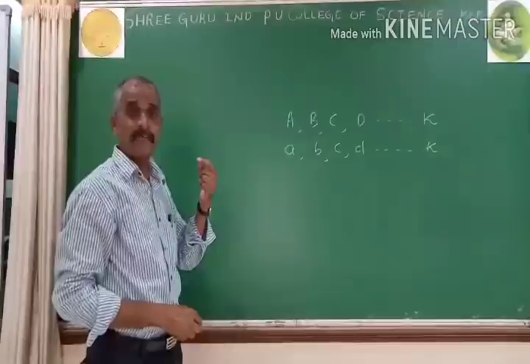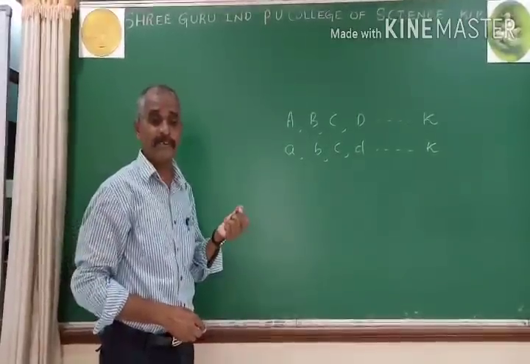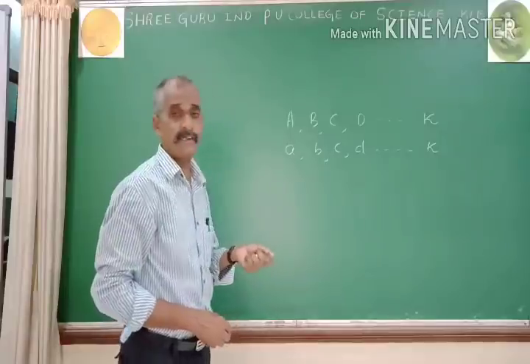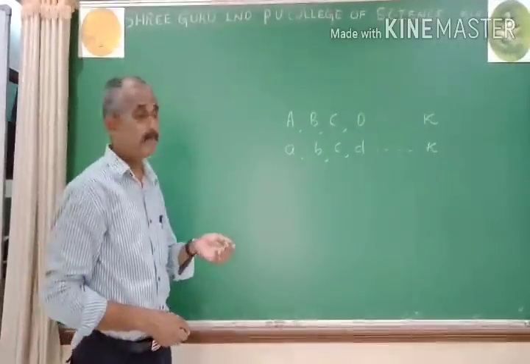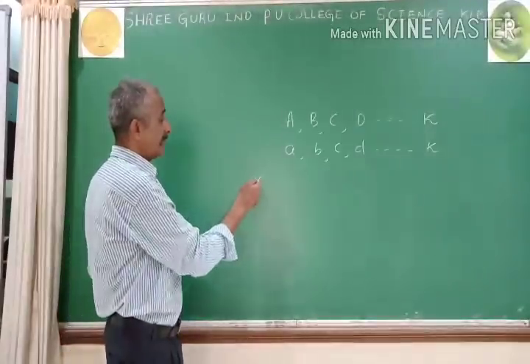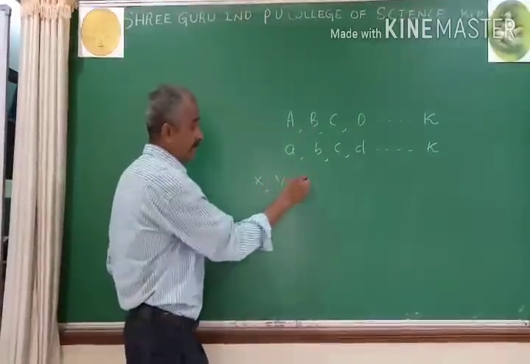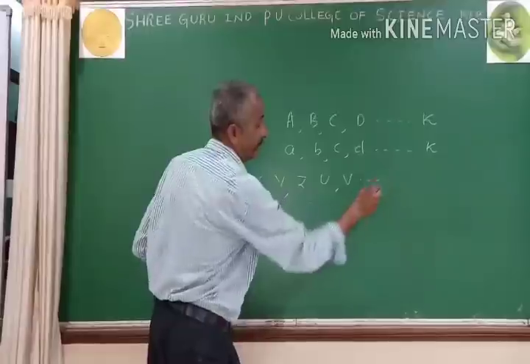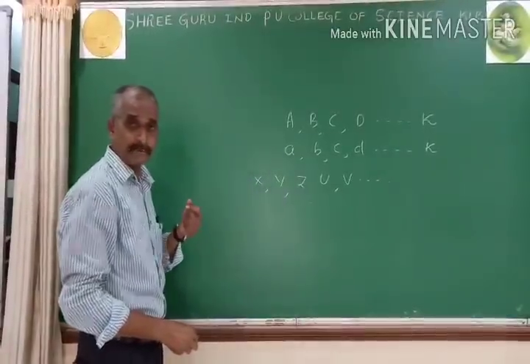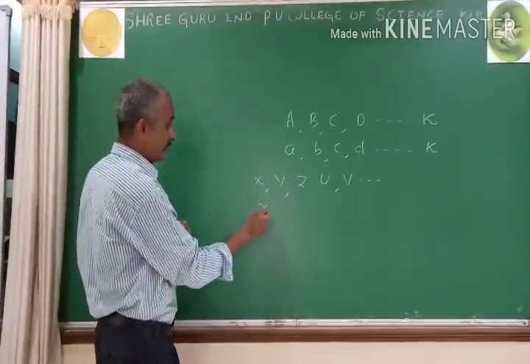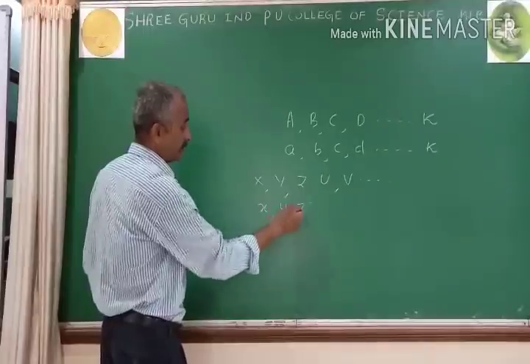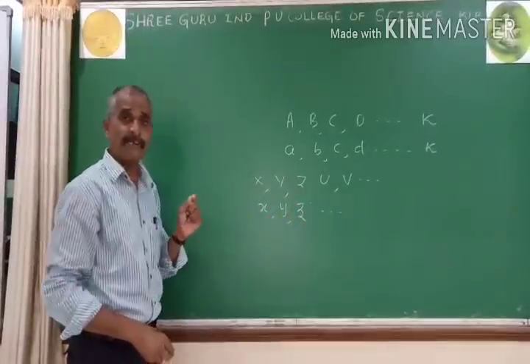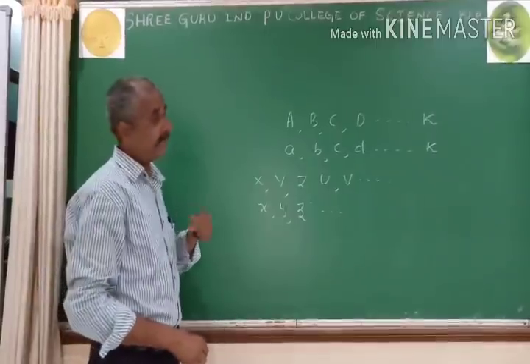Further comes a variable, a quantity which changes its value in a given context, that is called a variable. And usually variables are denoted by capital X, capital Y, capital Z, U, V, etc. Even we can use a notation like small x, small y, small z, etc. And the best example for the variable is the price of an item.